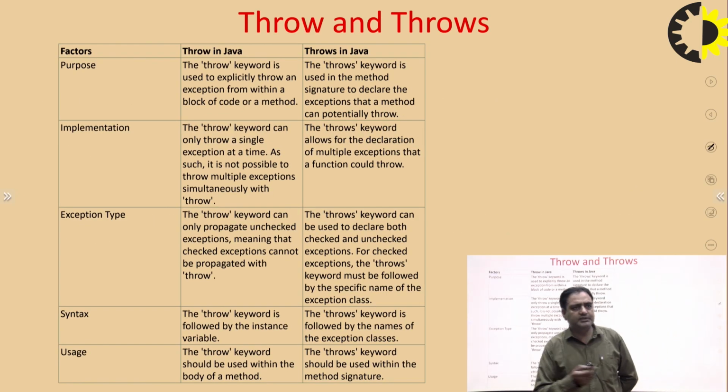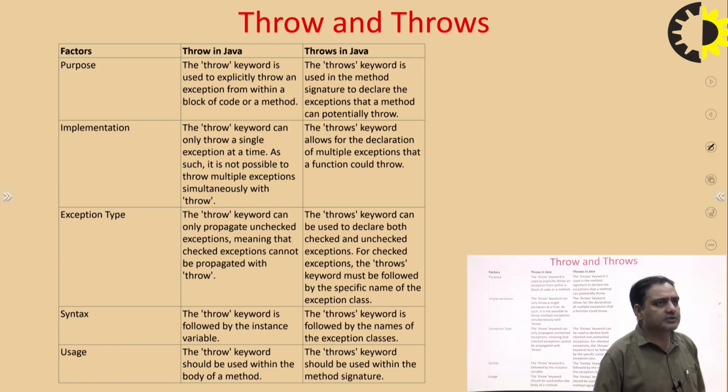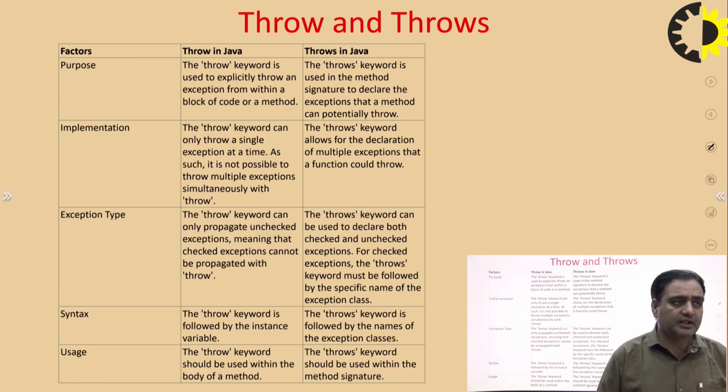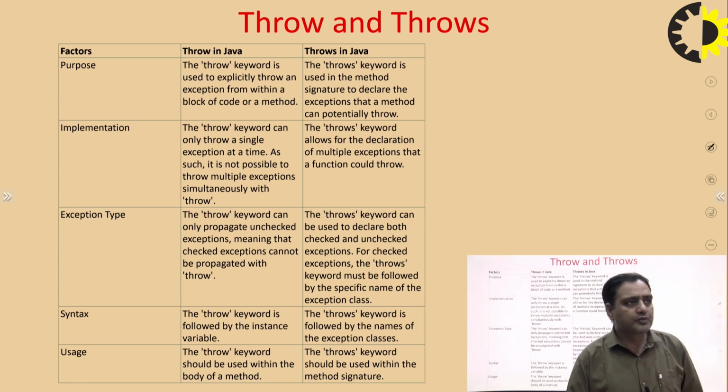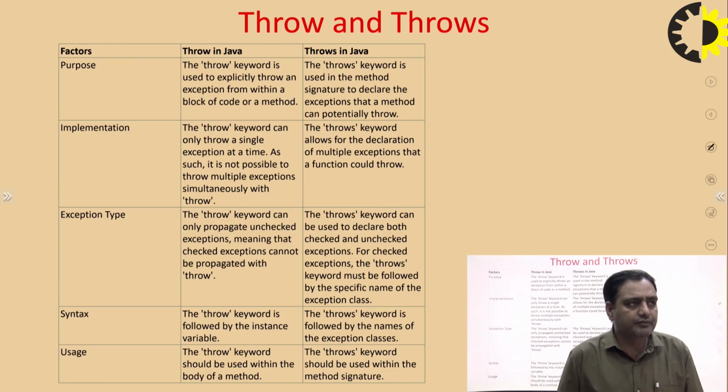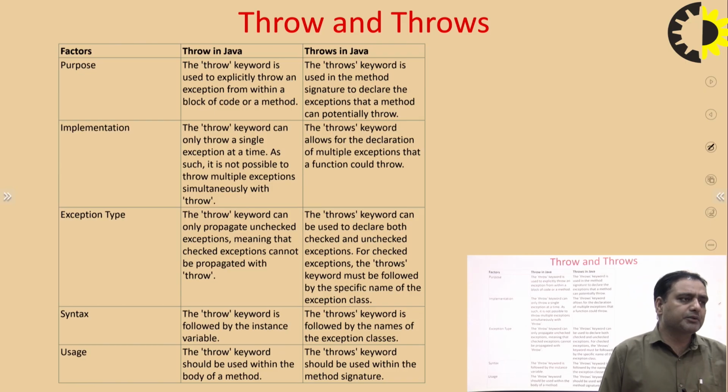Here is the table of throw and throws. It is the most important content in exception handling. In the university examination, the university will always ask what is the difference between throw and throws. So here are some factors where they differ: purpose, implementation, exception type, and syntax and uses.